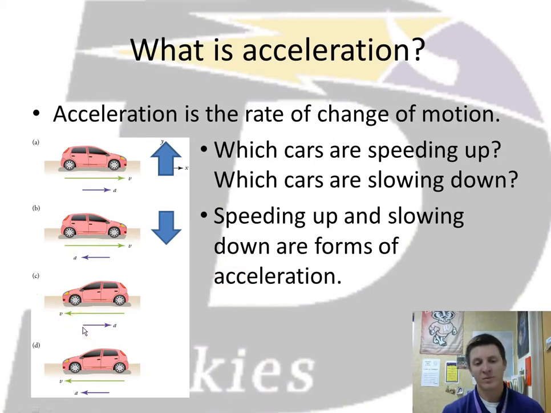However, it has a positive acceleration in this case. If it's going to the right, they cancel each other out. That object is slowing down, similar to object B. And then object D is the same as object A, except it's going in a different direction. So it's speeding up. It's accelerating as well. So again, if you think about acceleration in terms of speed, if it's speeding up or slowing down, it's acceleration.